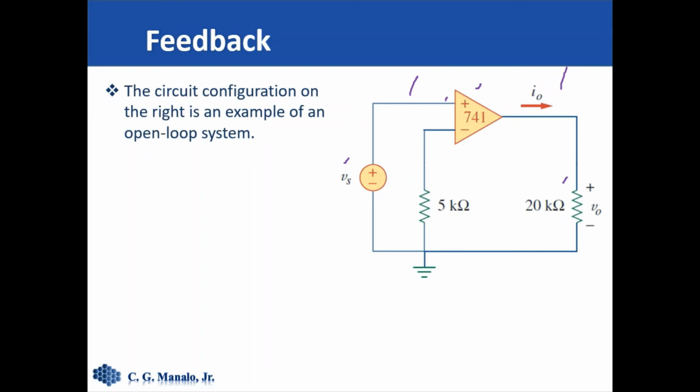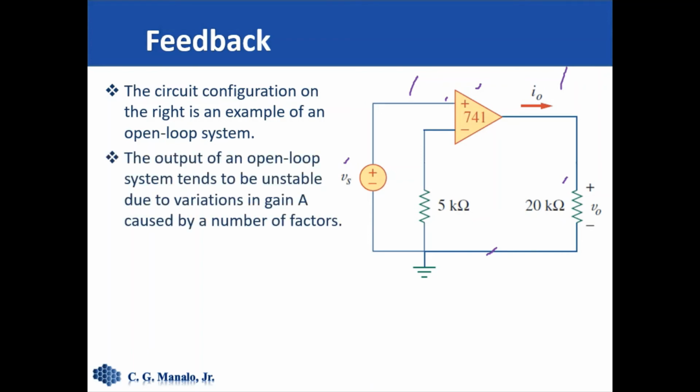They're not connected whatsoever except for the grounding. We usually don't use an op-amp this way because the output tends to be very unstable due to variations of the open loop gain.